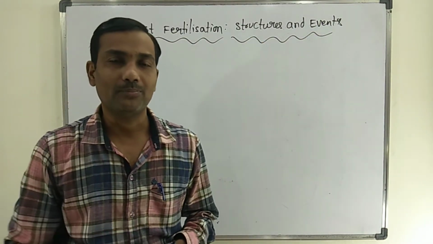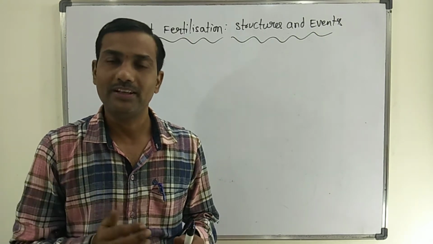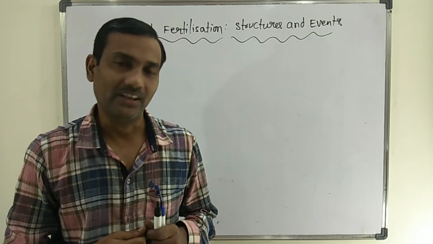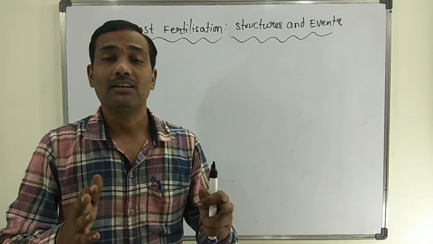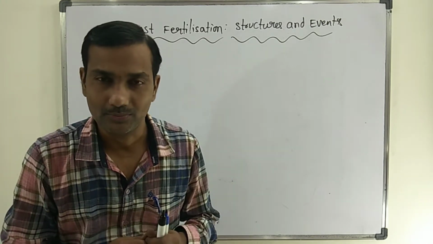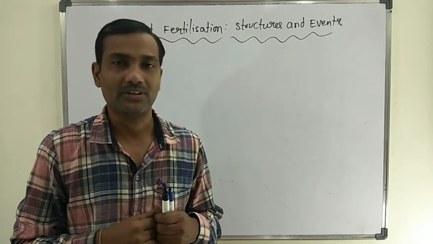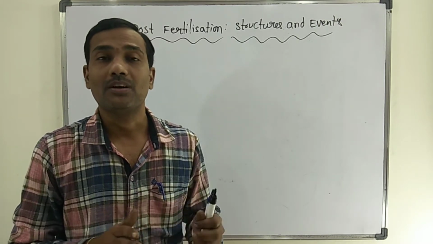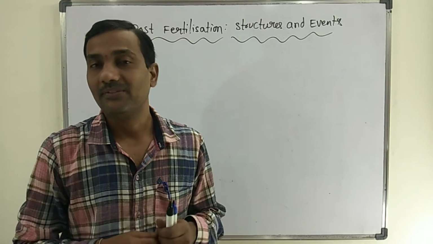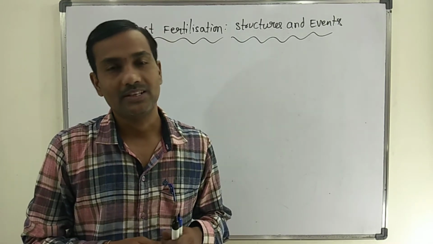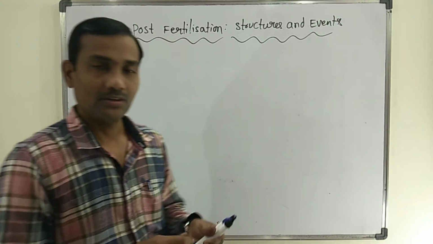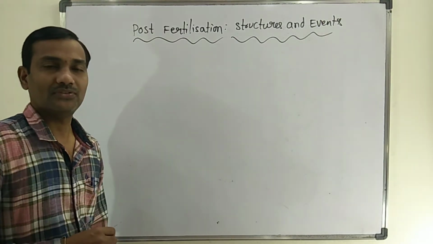In all flowering plants, after pollination and then fertilization, we can observe many changes. The flower plays an important role in reproduction, but the reproductive parts are modified into different structures and various types of parts. Now we'll see that in the form of a chart.